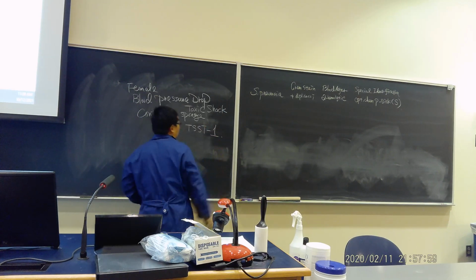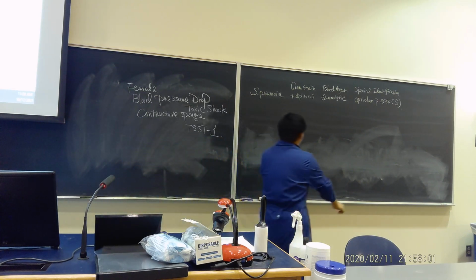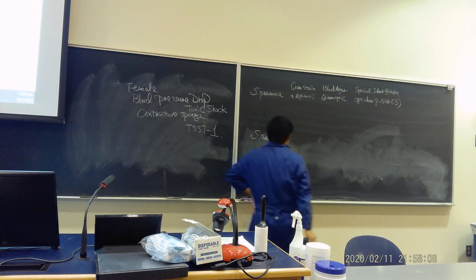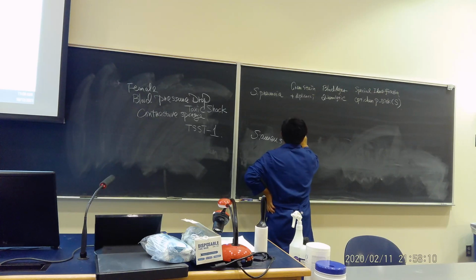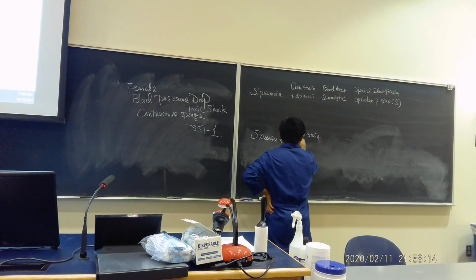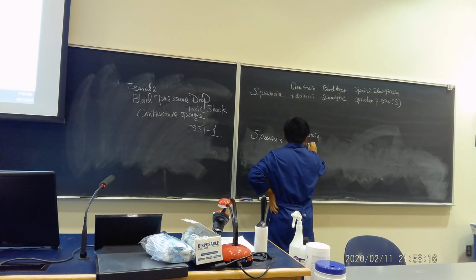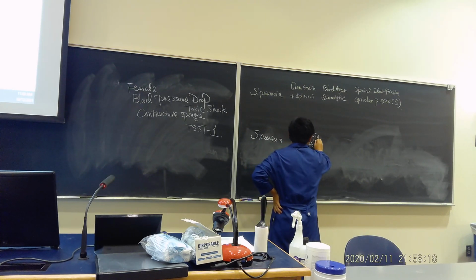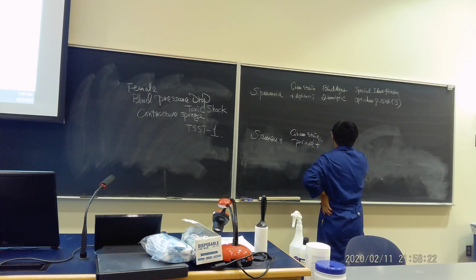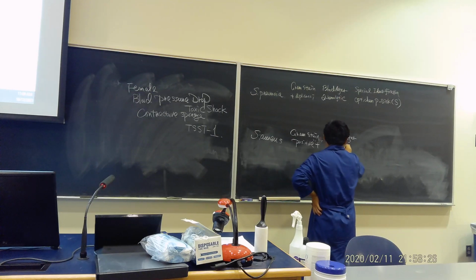TSST-1. Okay, here comes another table you should know. Staphylococcus aureus. We're going to fill this table, okay? Staphylococcus aureus gram stain. What it looks like. It's gram positive. Okay, on blood agar. It is beta hemolytic.